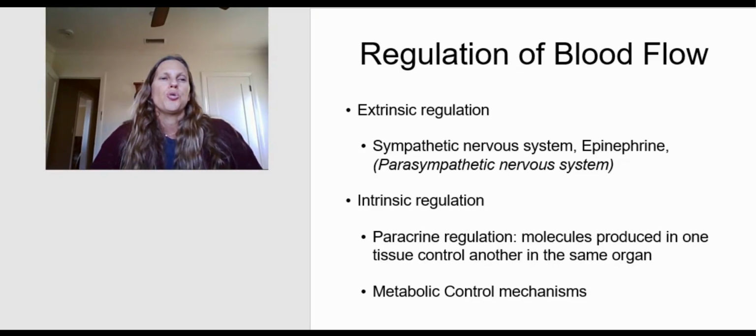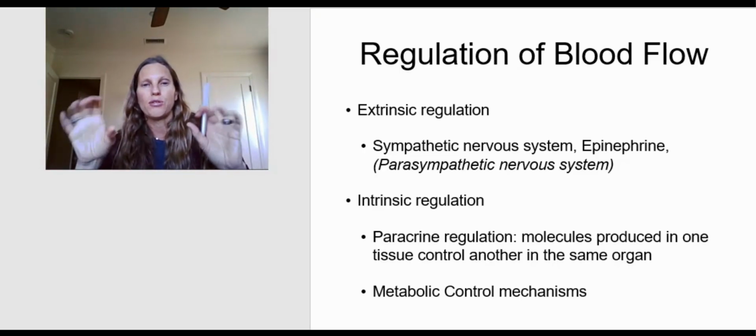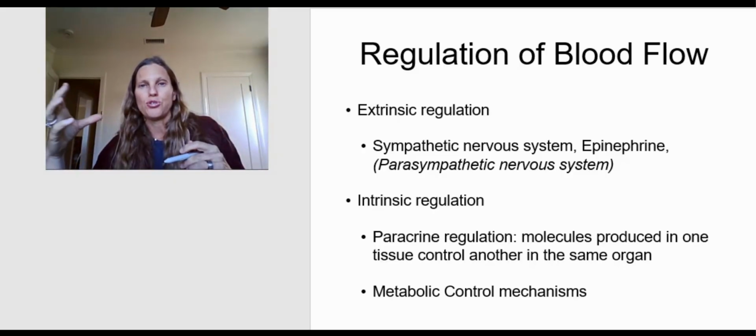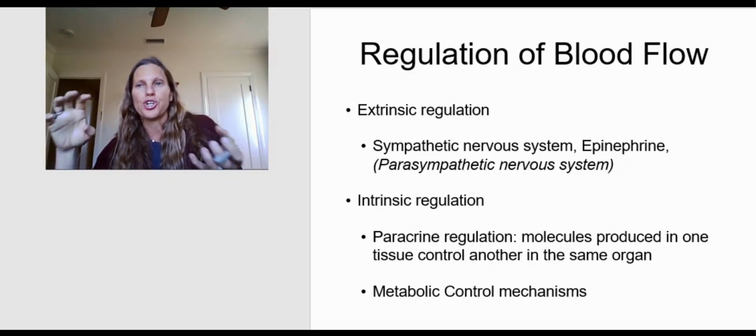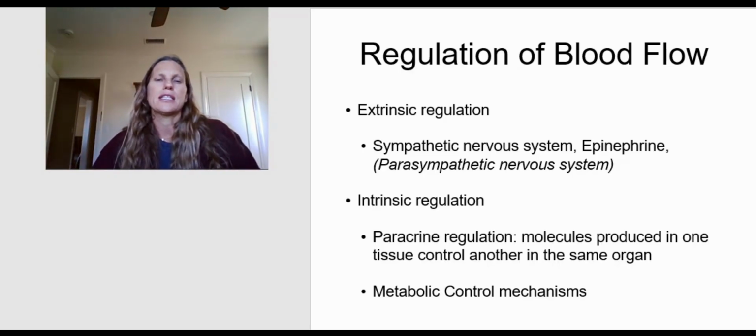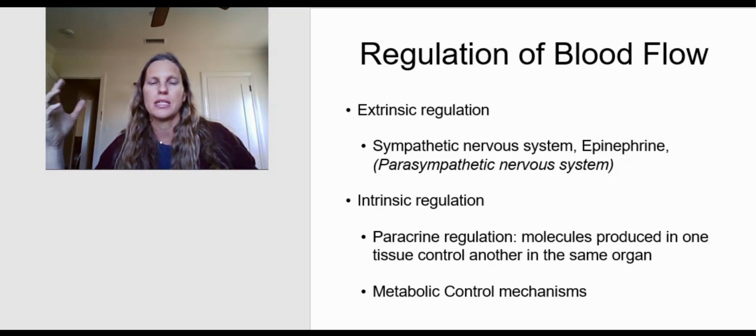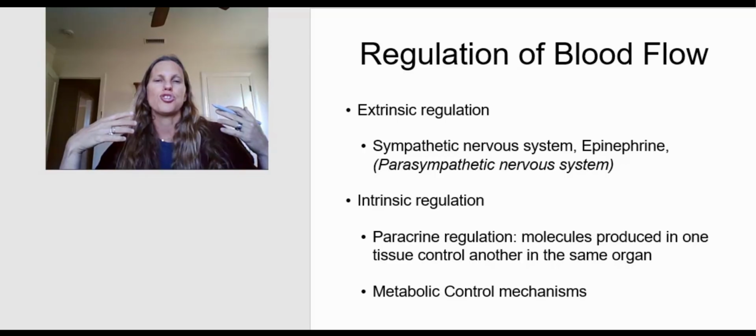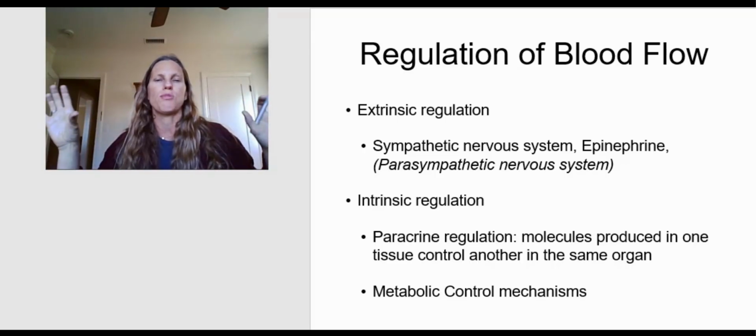And so we kind of talked about the way to do that, and that would be to either affect the pressure or affect the resistance in the tubes. But how that's regulated gets a tiny bit more complicated. It's not completely haphazard and random. It's actually controlled. And so there's two big ways we regulate blood flow.